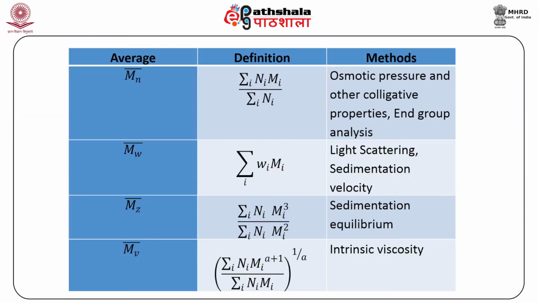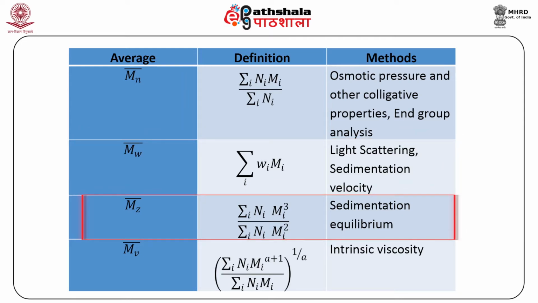For example, we have the number average molar mass given by summation NiMi by summation Ni. It can be determined by methods such as osmotic pressure and other colligative properties and end group analysis. M̄w, given by summation WiMi, can be determined by light scattering and sedimentation velocity.